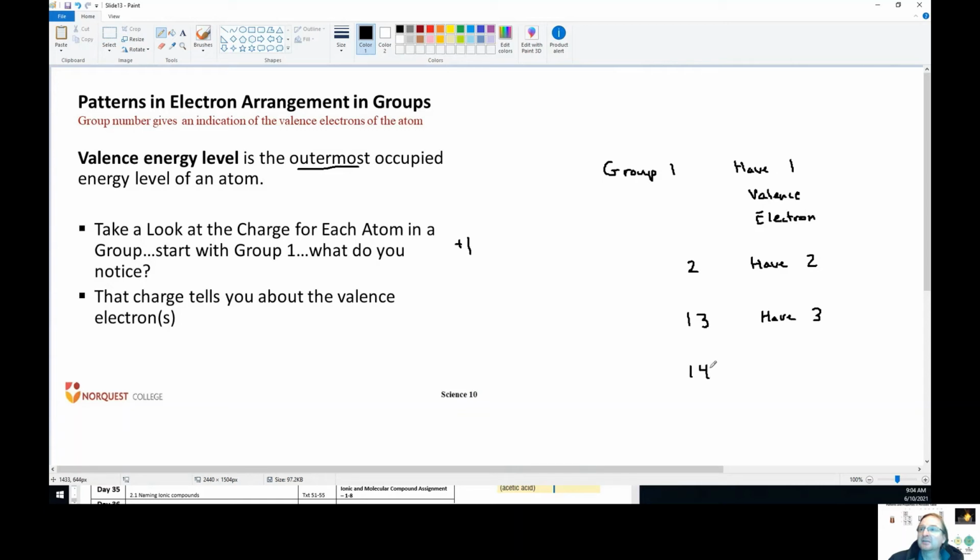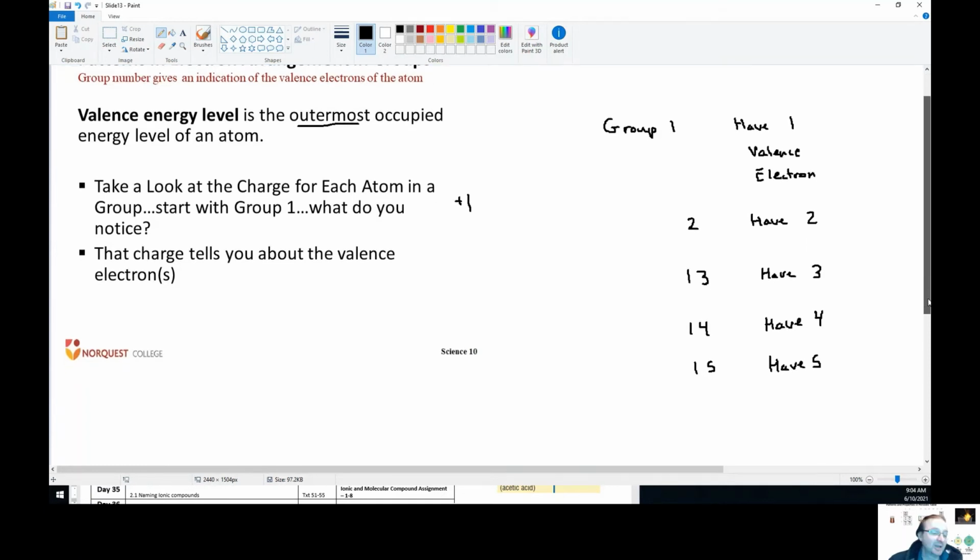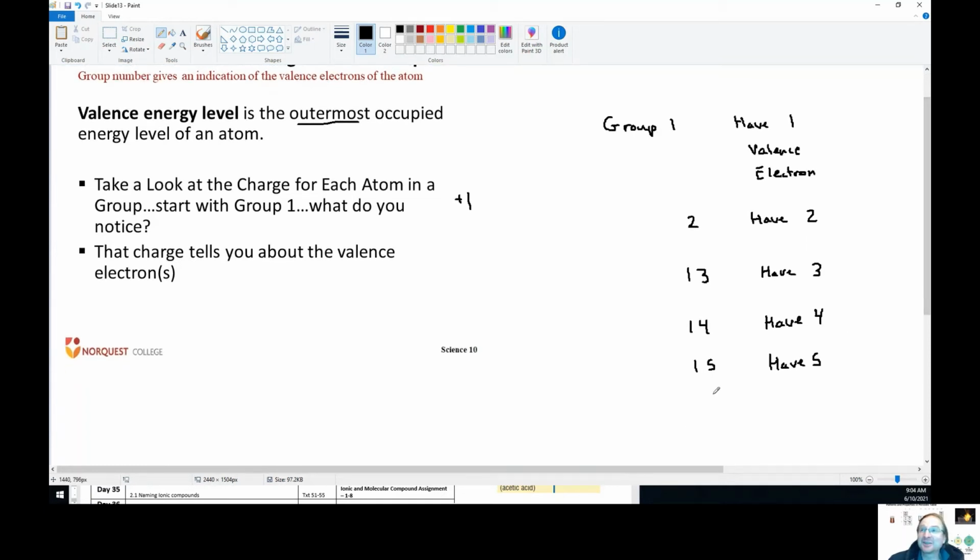Group 14 have 4. Group 15 have 5 valence electrons. We're going to come up to group 18, which has 8, so you're already seeing the pattern. Group 16, 6. Group 17 have 7. And group 18 have 8. Let's check that out. Also, we're going to need to be able to draw these models that we're going to see next. So let's check this out.